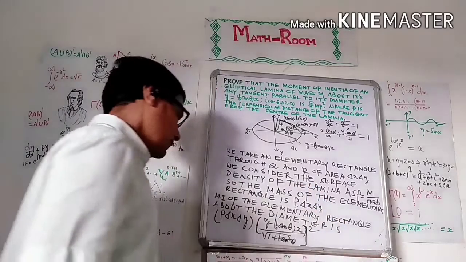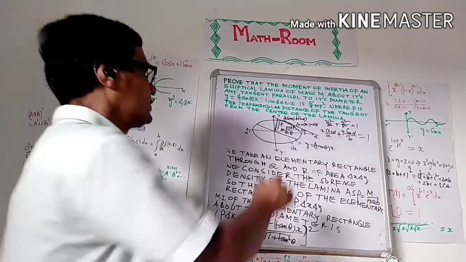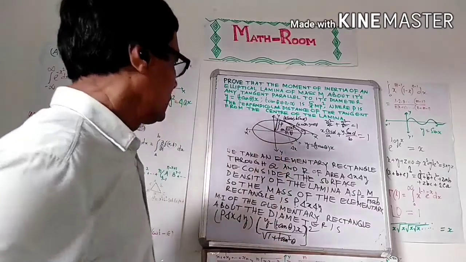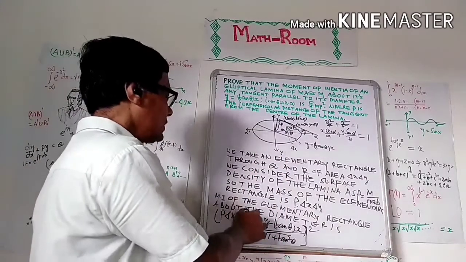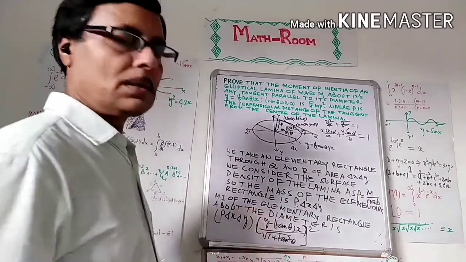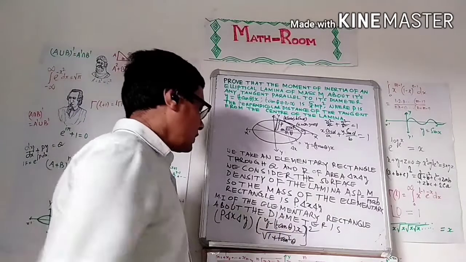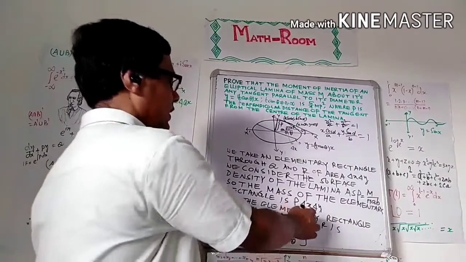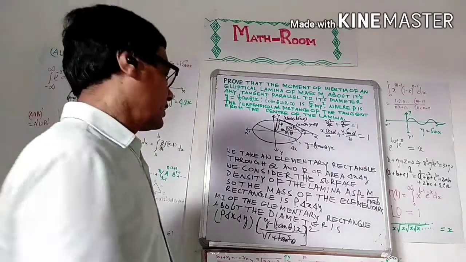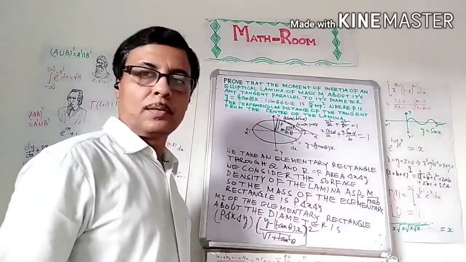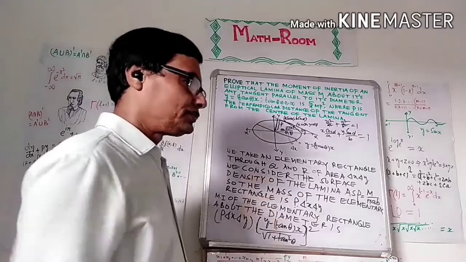So the moment of inertia of this point mass about the diameter is rho del x del y into (y minus tan theta x over root of 1 plus tan square theta) whole square.